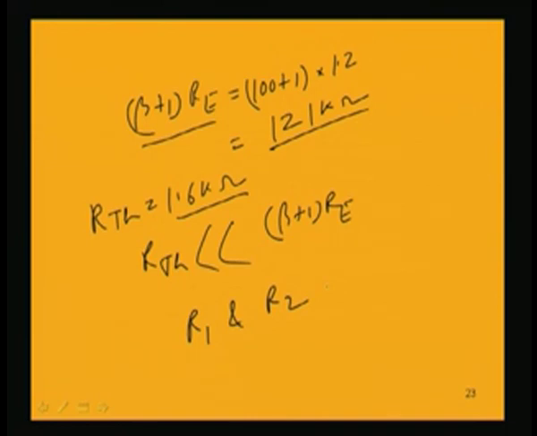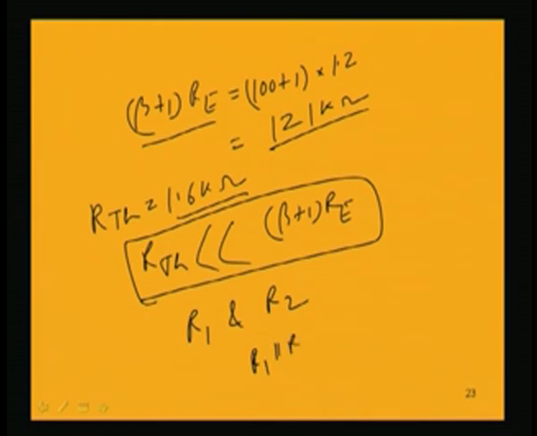These actually have to be made small, so that you can maintain this condition: R Thevenin, which is nothing but R1 parallel R2, should be less than (beta plus 1) Re. In the other case, for this example, if we consider the change of beta, the new value of beta is 300, and it will still be maintained.